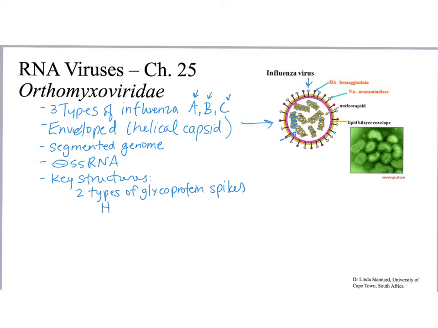H, or sometimes abbreviated HA, stands for hemagglutinin. Okay, and in this picture here, those are the little red spikes. Those hemagglutinin glycoproteins, we think, function in attachment of the virion to the host cell and fusion of the virion with the host cell membrane.